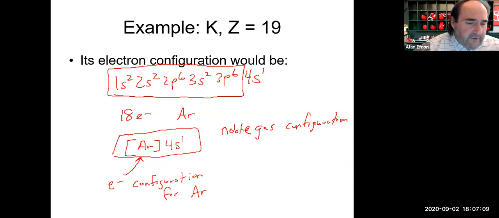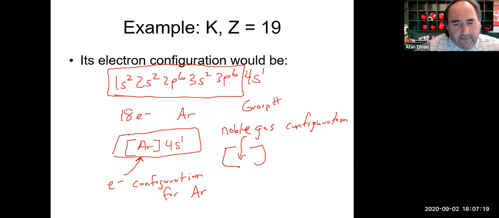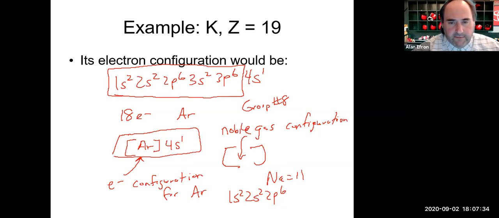This is what is sometimes referred to as the noble gas configuration, which means what goes in the brackets needs to be a noble gas. Noble gas is group number 8 on the periodic table. So for example, if we look at sodium, which is 11, and we write its electron configuration, 1s2, 2s2, 2p6, 3s1.